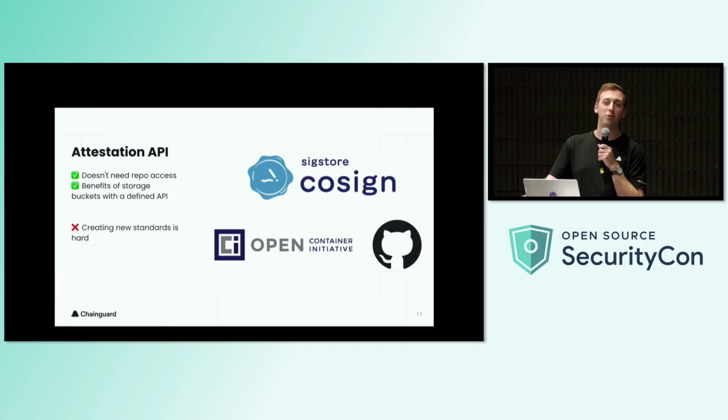So that means you have to use GitHub Actions if you want to use their API. So if anyone from GitHub's listening, I would love to attest from other identities. Please, it'd be a great present. And yeah, in general it'd be great if we had this, but creating new standards is hard. Maybe we'll move towards this one day, but we're not quite there yet. So it's still a bit in flux.